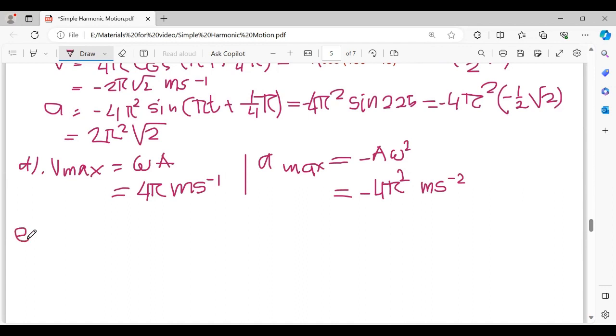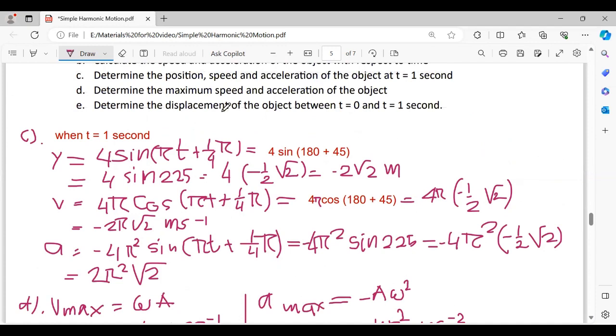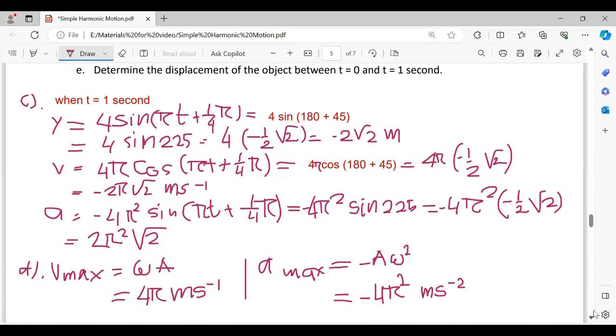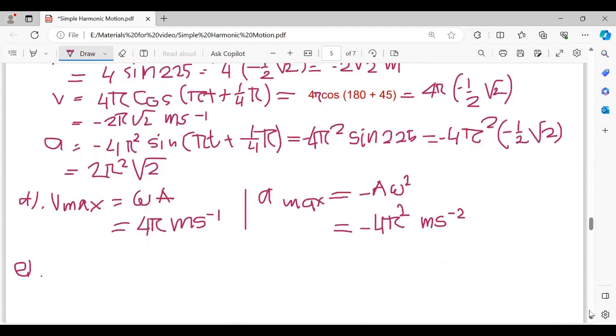And what else? E. For E, we determine the displacement of the object between t equals 0 and t equals 1.